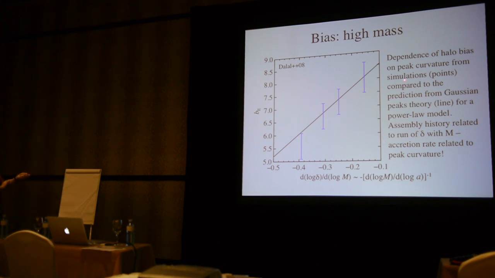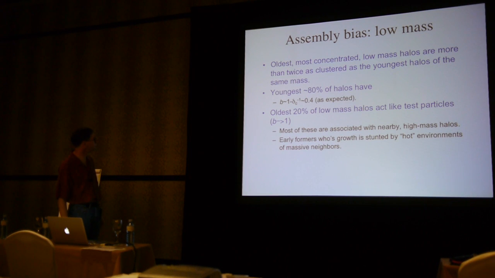And in the simple case of this power law cosmology that we did here, it turns out that d log delta d log m just becomes d log m d log scale factor to the minus 1. And you can actually go in and look at the formation histories of these halos and find that this mapping is extremely good. And so this tells you that the bias is dependent on the formation history in just the way you need to explain the fact that early forming halos are more biased.